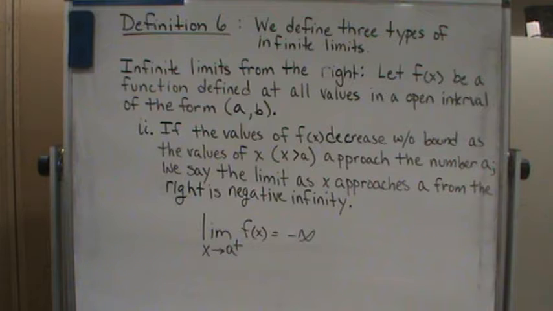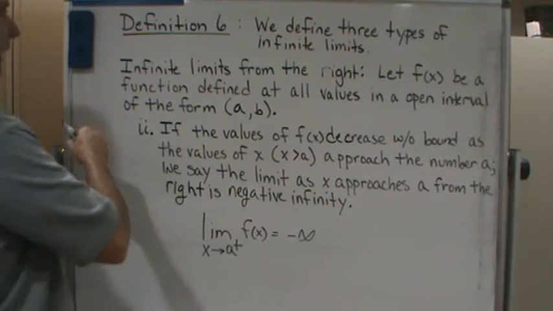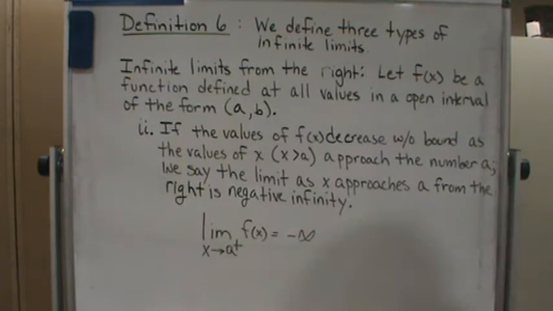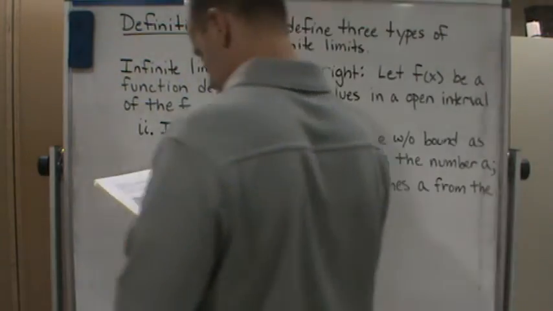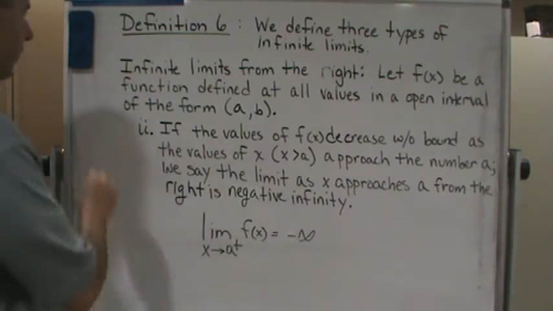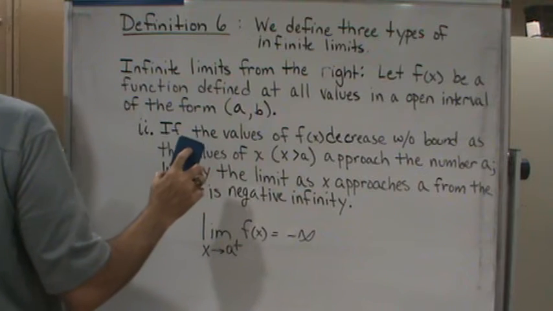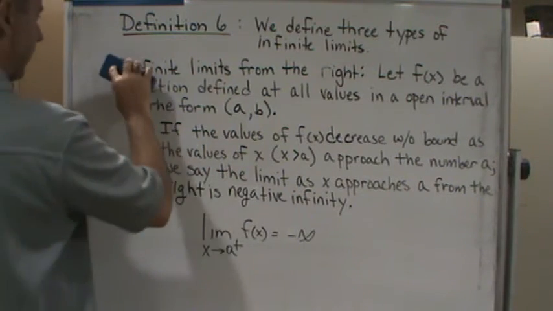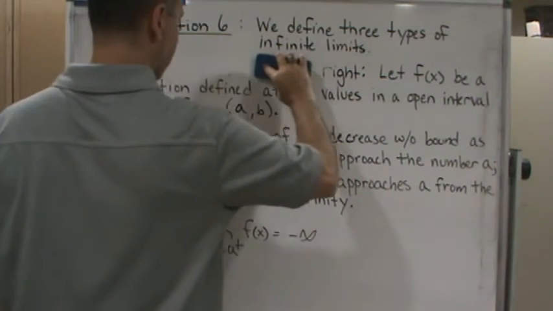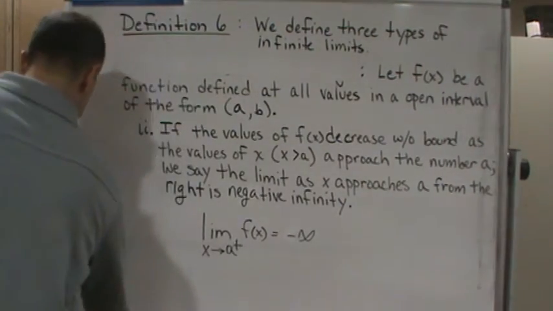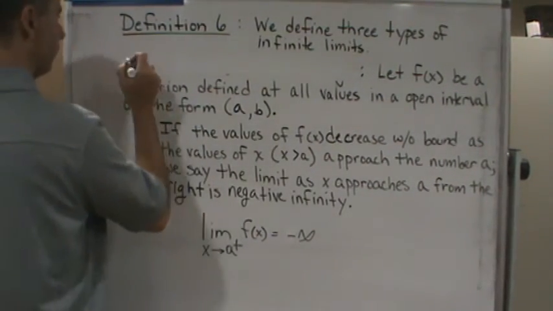Okay? Now, what about from both directions? So this is going to be infinite limits where, for all values in an open interval, x is not equal to a. So we would call this a two-sided infinite limit.